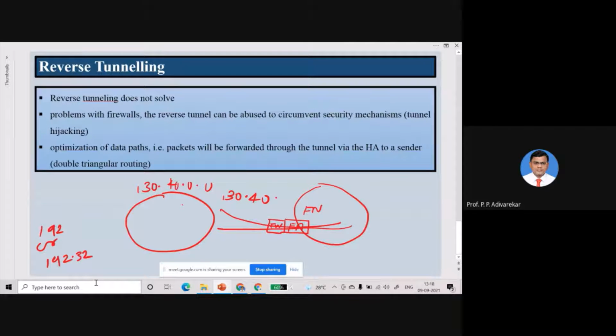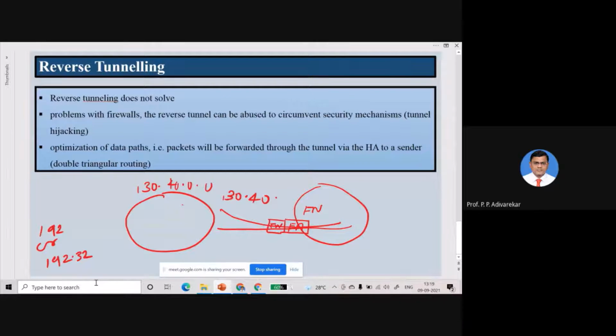As you can see, it starts with 192, and the subnet starts with 130.40.0.0. That's why the firewall may cause an issue when a mobile node moves into the foreign network. The mobile node may not be able to send any message to the correspondent node outside of the foreign network. That is one particular problem.